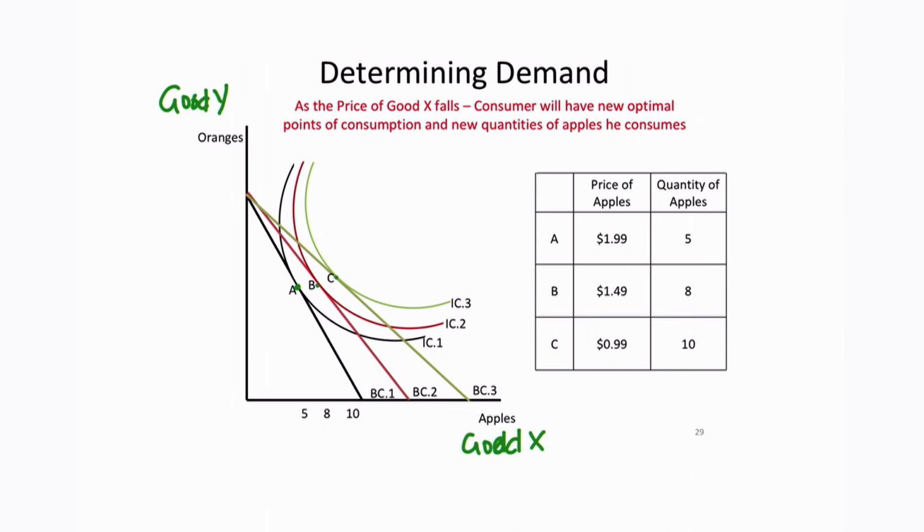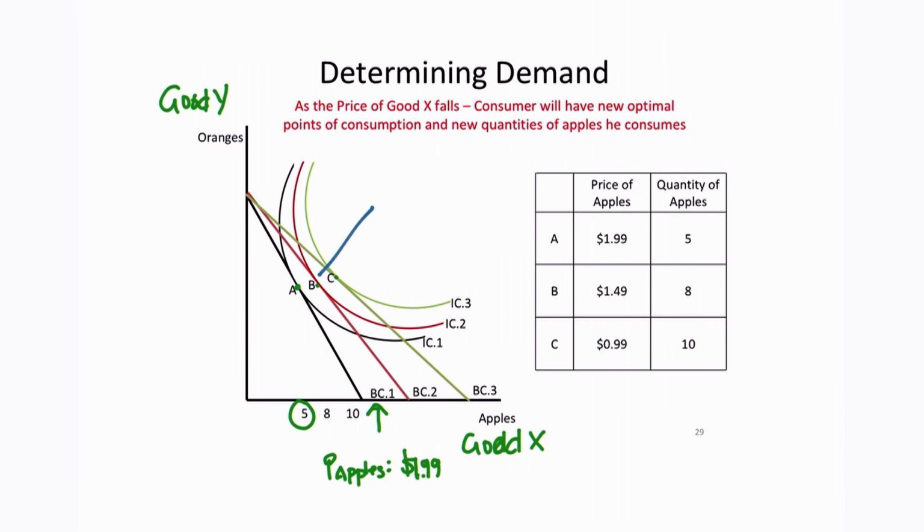So here, what we are saying is that in budget constraint 1, the price of apples is $1.99. At $1.99, we consume 5 apples.